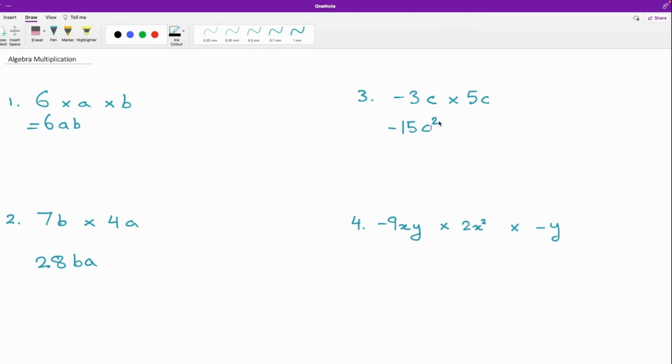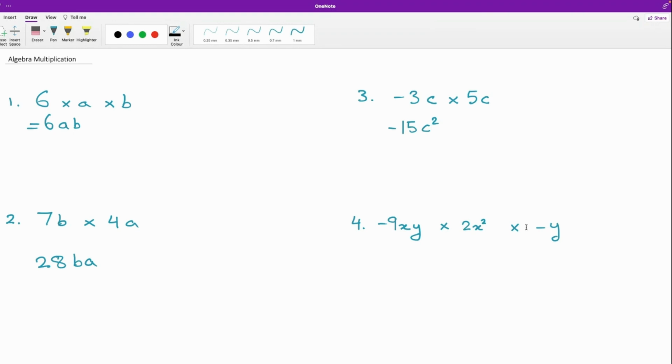In question 4, we have minus 9xy multiplied by 2x squared multiplied by negative y. Now, although we have 3 different groups over here, our process is going to remain the same. Let's have a look. We have a negative multiplied by a positive multiplied by another negative. So because we have overall a negative multiplying with another negative, that is going to cancel out and give us a positive answer.